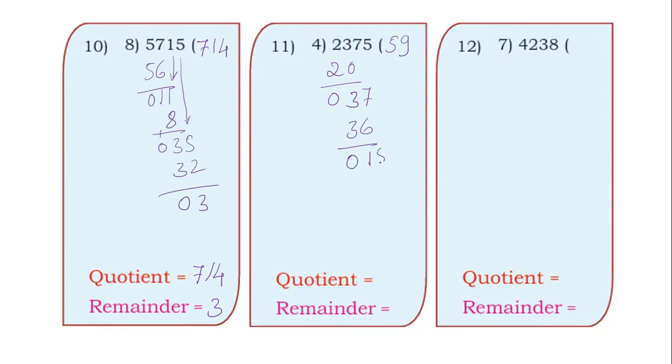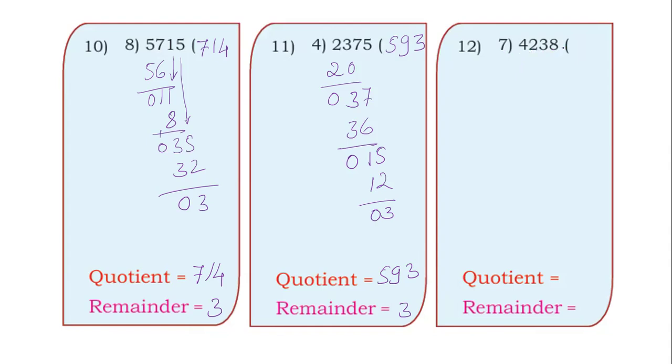Take this 5. It becomes 15. 4 3s are 12. 5 minus 2 is 3. 1 minus 1, 0. Quotient is 593. Remainder is 3.